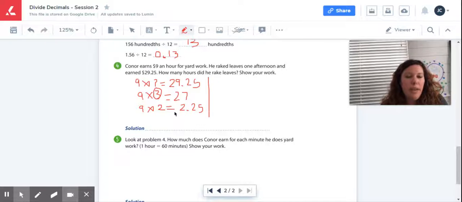But now that we have some like leftovers, so if we were to subtract 18, which would be like 1.8, we would have 4 left over. Whoops, I can't cross it out. So we would have 4 left over.